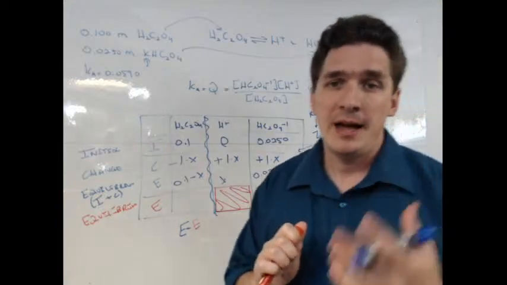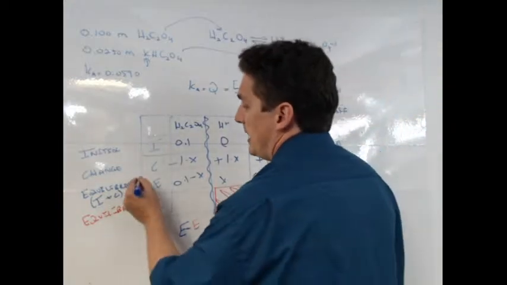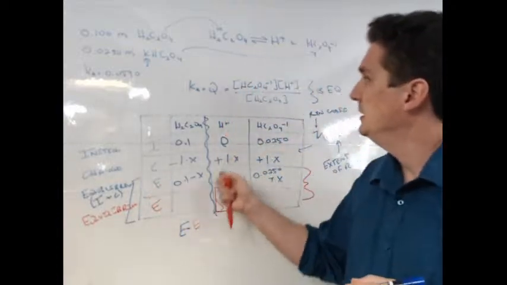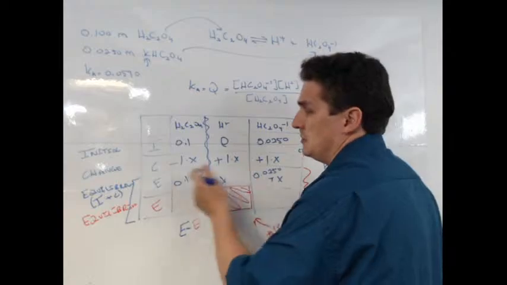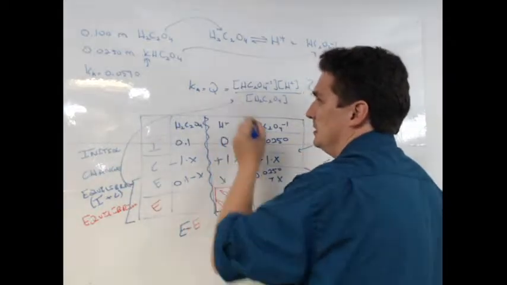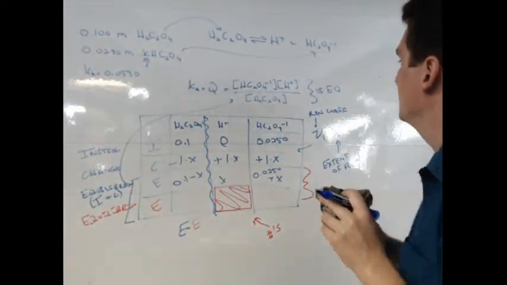Now, in ICE tables, you can put either one of these rows into this expression for Q. Since we don't know these, we're going to put the blue E row in.